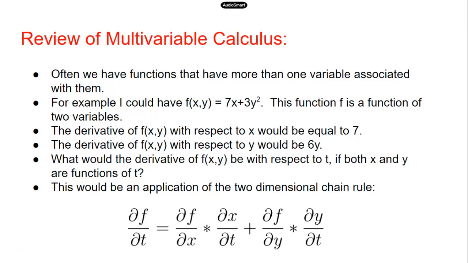The derivative of this function with respect to t is equal to df/dx times dx/dt, plus df/dy times dy/dt. Again, your two-dimensional chain rule. These actually should not be curly, they should be your standard d's. I'll change that. Okay, moving on.